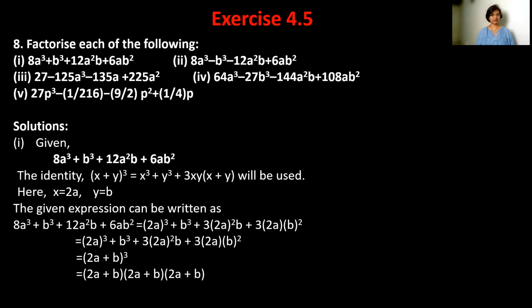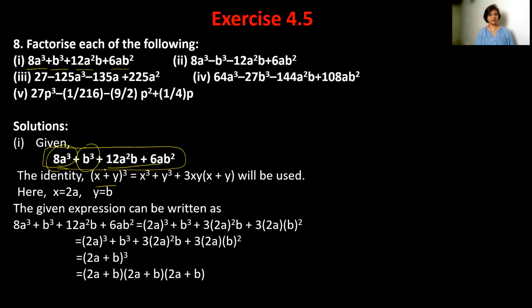Now question number 8 says: factorize each of the following. The first part is 8a cube plus b cube plus 12a square b plus 6ab square. We have to find out which identity this kind of expression relates to. (x plus y) whole cube is x cube plus y cube plus 3xy into (x plus y).